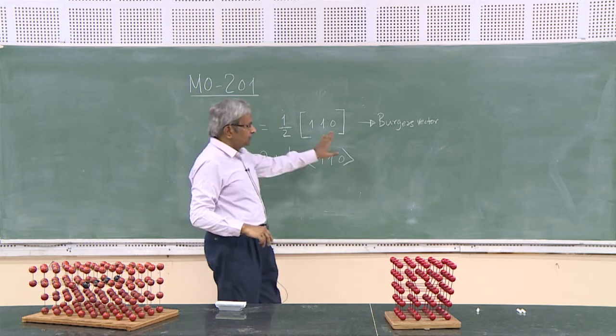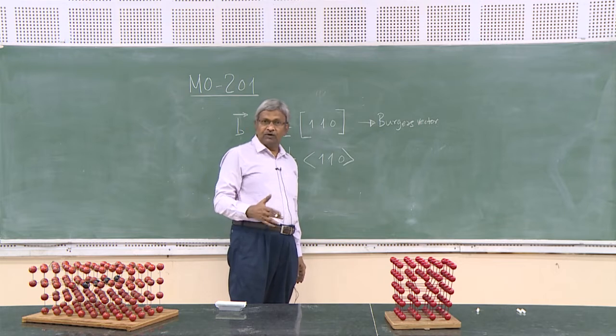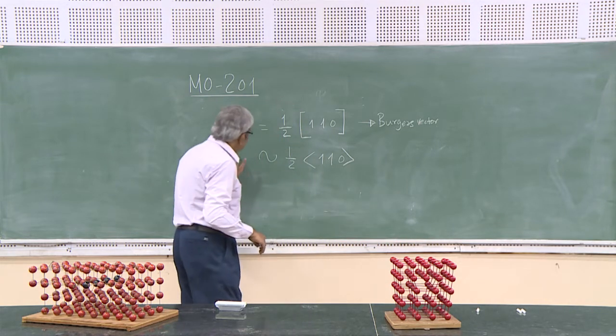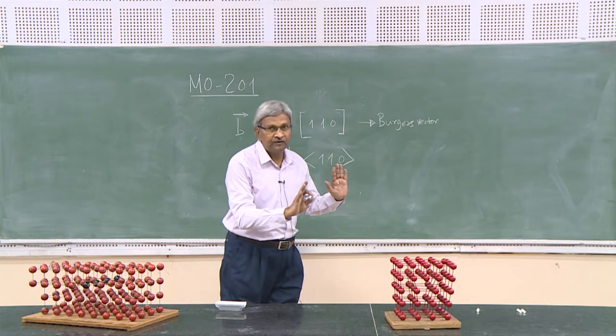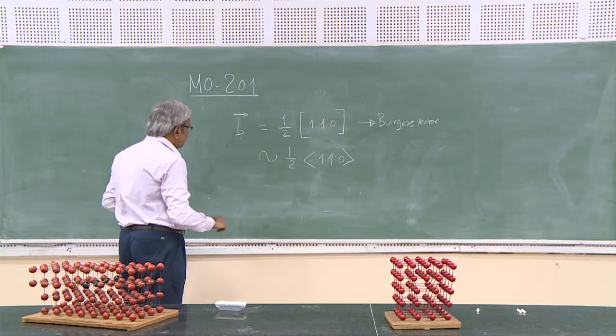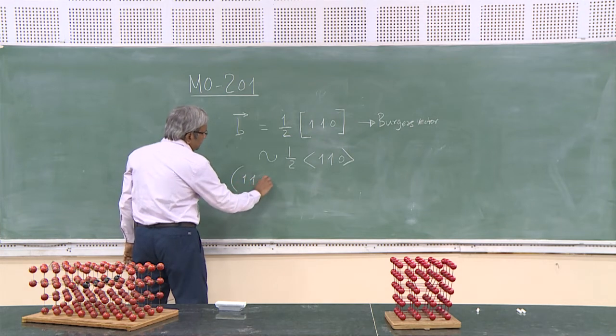It need not move, rather it is going to decompose into 1/6 of 211 type, and finally that dislocation will move. Where can it lie? This obviously has to lie in a plane which is 111 type.